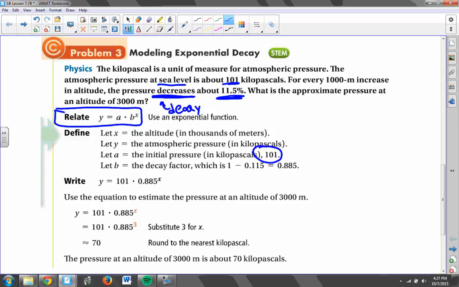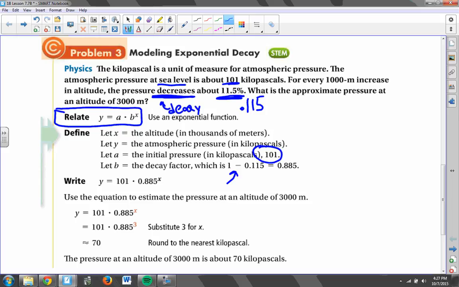And then our decay factor, and this is where things change a little bit. Notice, please, that our 11.5% is rewritten as a decimal, 0.115. And now instead of doing 1 plus our decimal, like we did in exponential growth, we are doing 1 minus our percent. It should make sense why it's minus, but you're going to answer that question for me in a little bit.